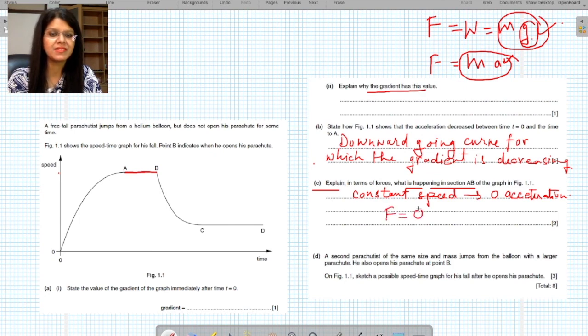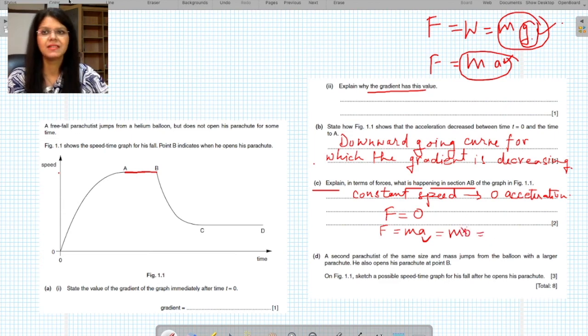Force is 0. Why? Because force is equal to ma. Acceleration is 0. Force becomes 0. It becomes mass times 0. Zero resultant force.